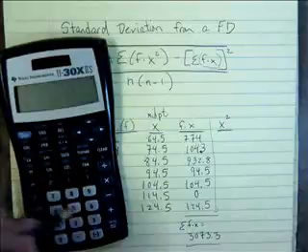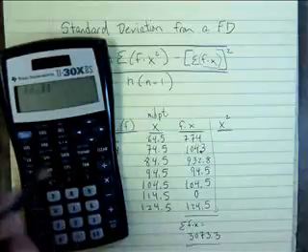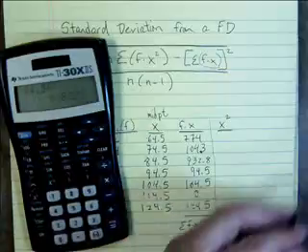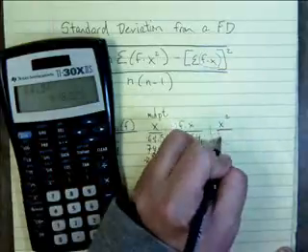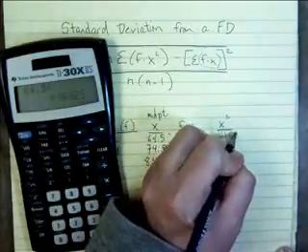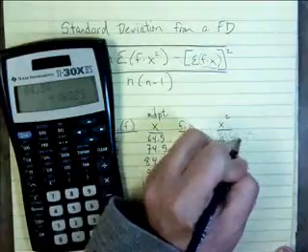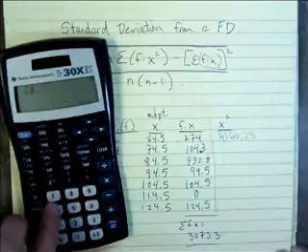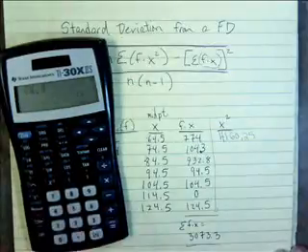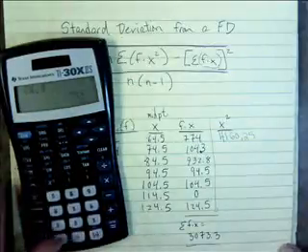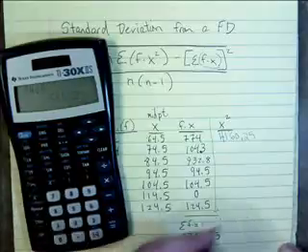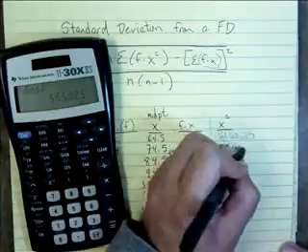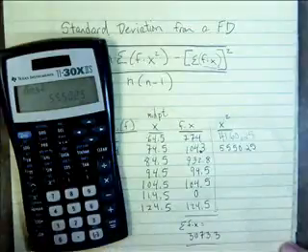So 64.5 squared is 4160.25, and I'm going to do that all the way down through. 74.5 squared is 5550.25.